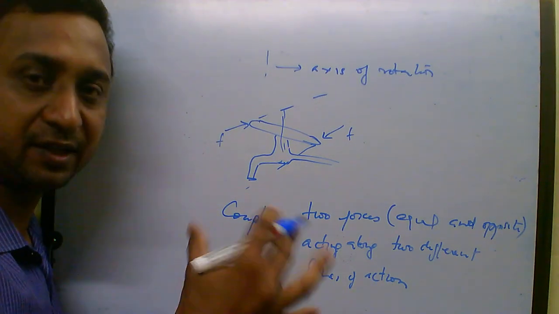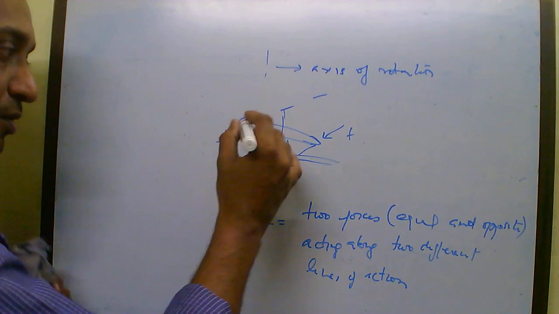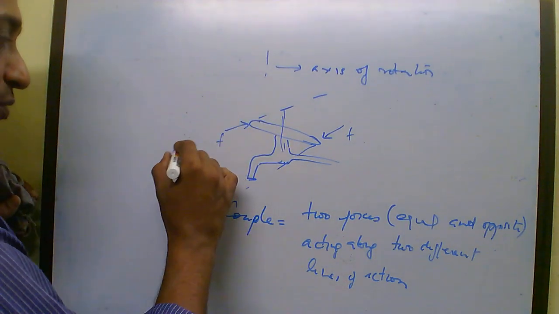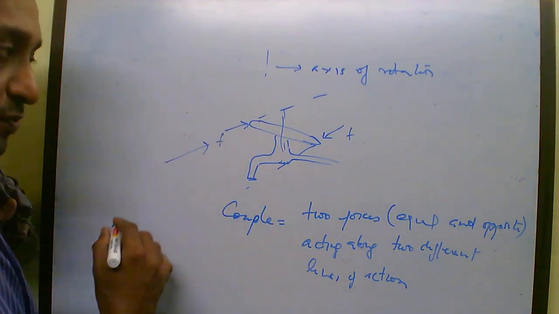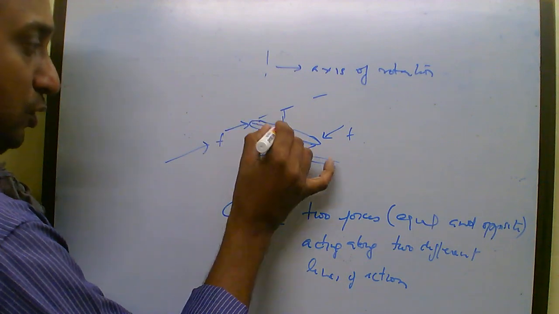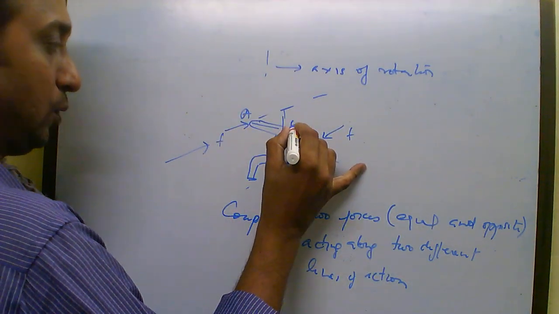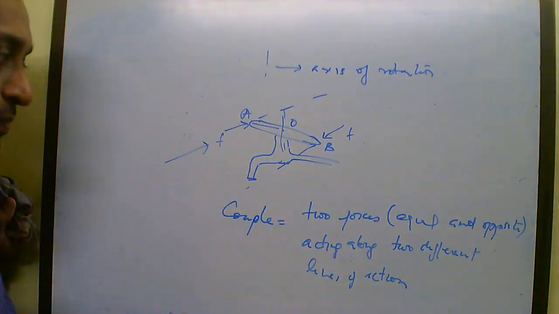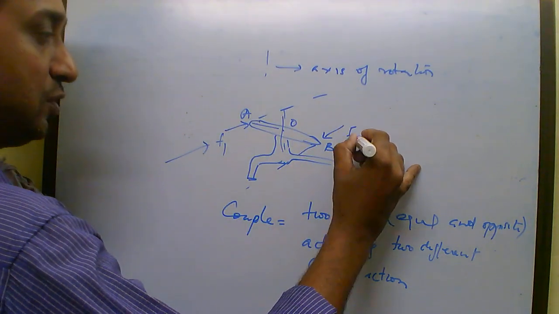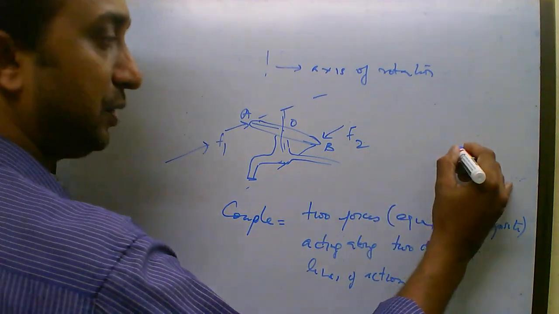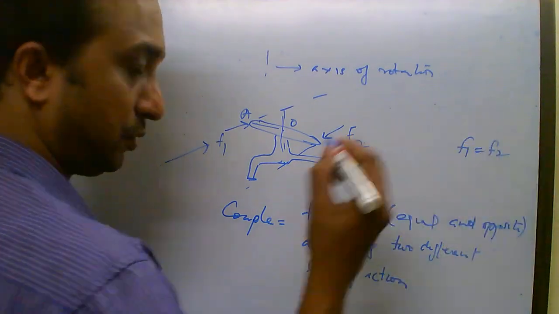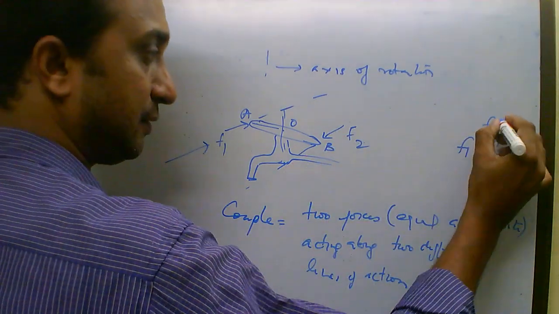The turning effect is increased. So the moment of force, the torque created by this force, is equal to force into perpendicular distance. Let this end be A, let the center be O, let this end be B. Let this be F1, let this force be F2, and magnitude wise F1 is equal to F2. So let me take it as F itself.